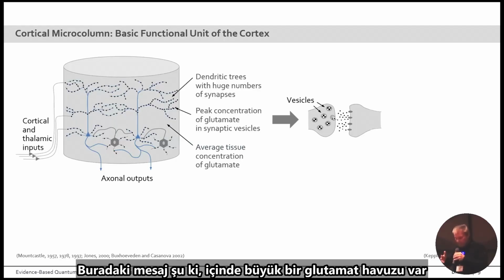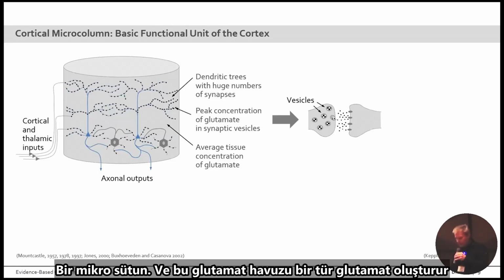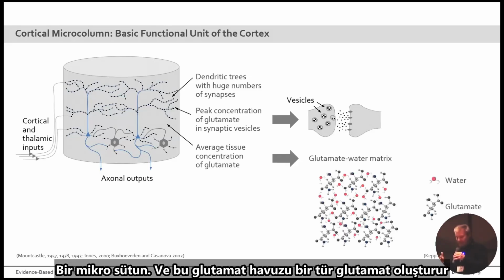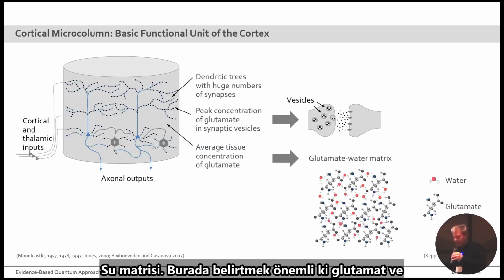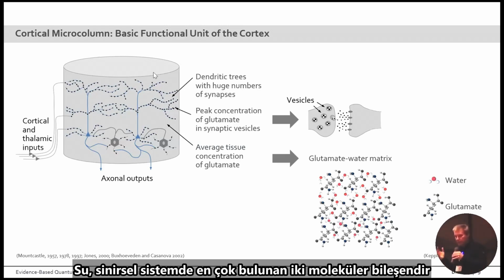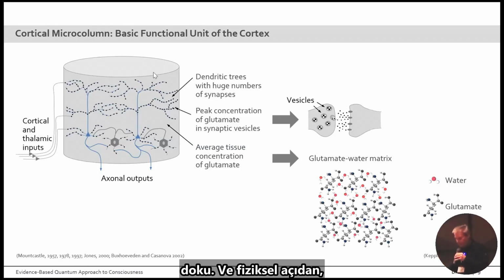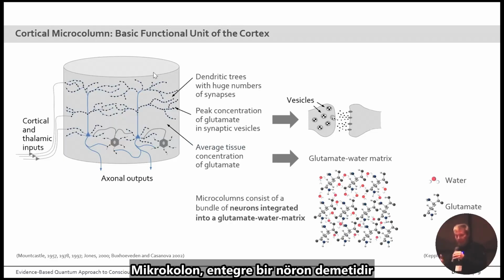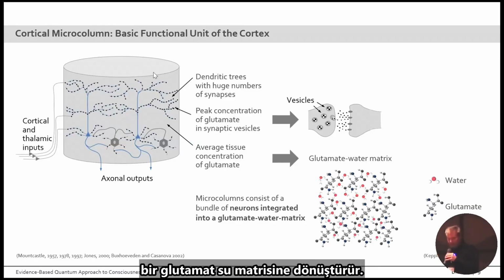But the message here is there is a huge pool of glutamate in a microcolumn, and this glutamate pool forms a kind of glutamate water matrix. I think it's important to note here that glutamate and water are the two most abundant molecular components in neural tissue. And so from a physical perspective, a microcolumn is a bundle of neurons integrated into a glutamate water matrix.